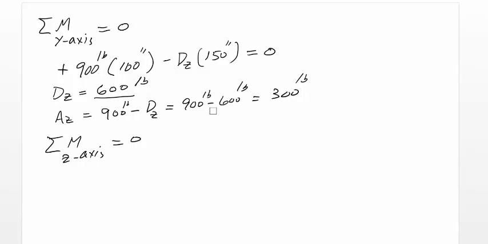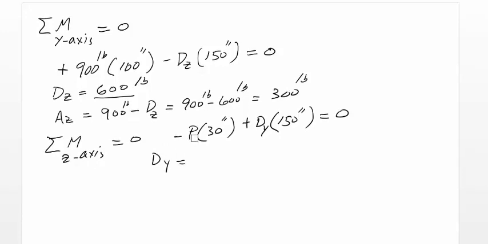P has a moment about the z-axis negatively, therefore we have minus P, and the distance is 30 inches. Also, DY has a moment about z-axis, and the distance from A is 150 inches. And this one creates a moment positive or counterclockwise about the z-axis. Setting it equal to 0, we'll see that DY becomes equal to P times 30 over 150.